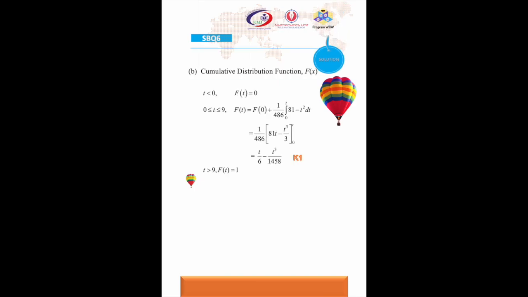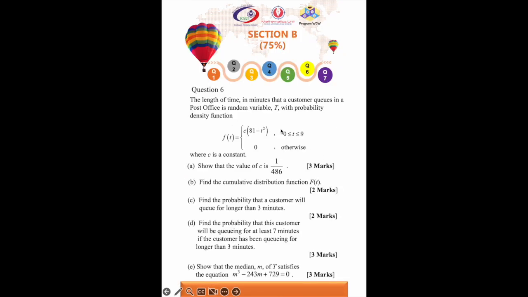Okay. And for the next part, we need to find the CDF. For the CDF, it's the easiest because this is a continuous random variable. So you just need to integrate from negative infinity to 0. So that function is 0 dx. And then for the function 0 to 9, you just have to follow this.